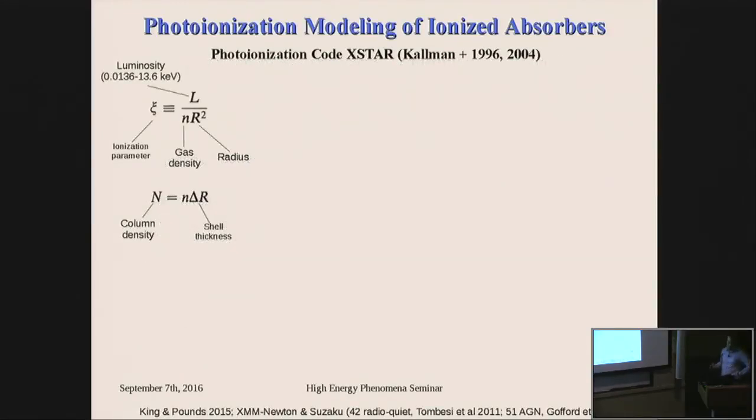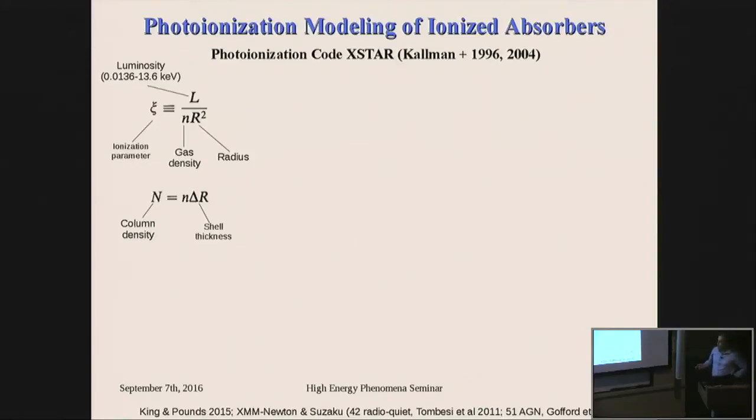The fundamental parameters in photoionization modeling of an ionized absorber are the ionization parameter and column density. The ionization parameter is defined by this equation, where L is the ionizing luminosity. Ionizing luminosity in XSTAR is usually defined as luminosity integrated from 13.6 electron volts to 13.6 keV. R is the distance from the ionizing source, and N is the gas density.